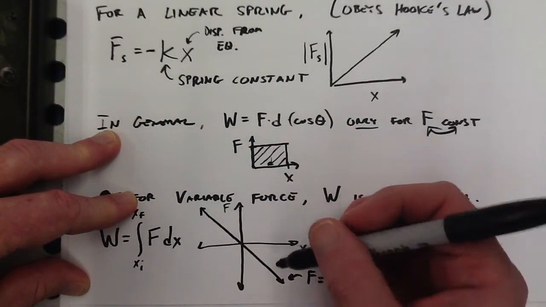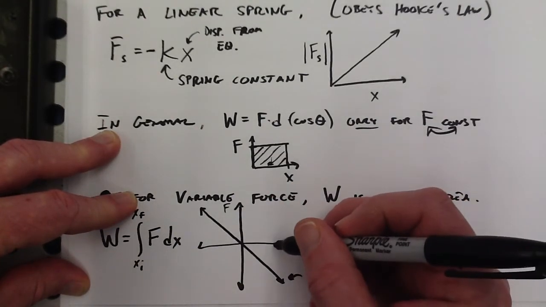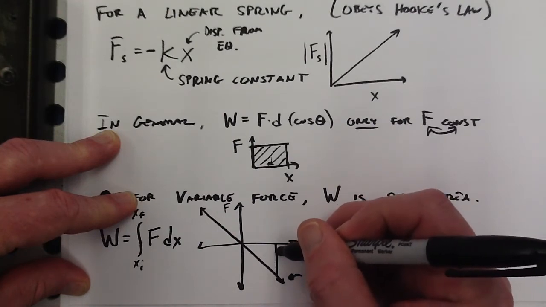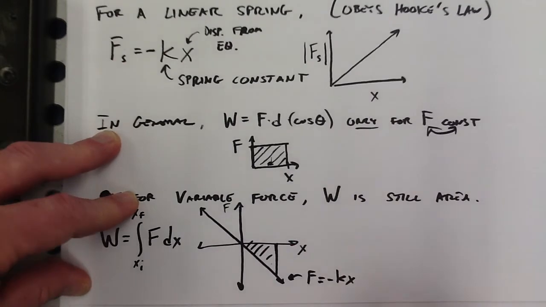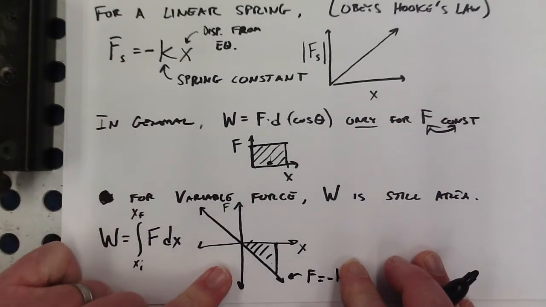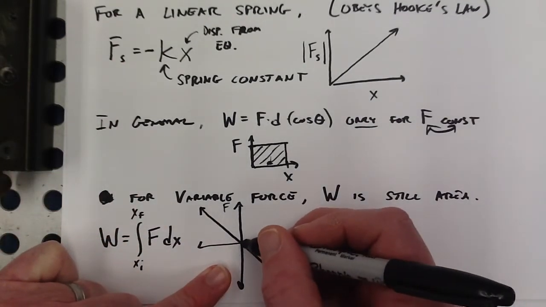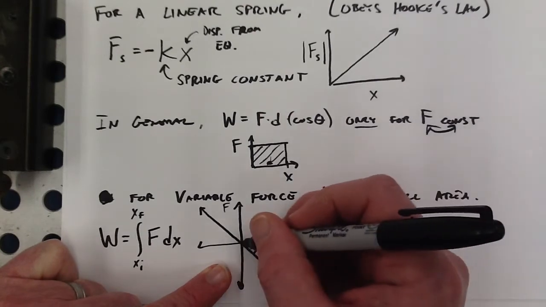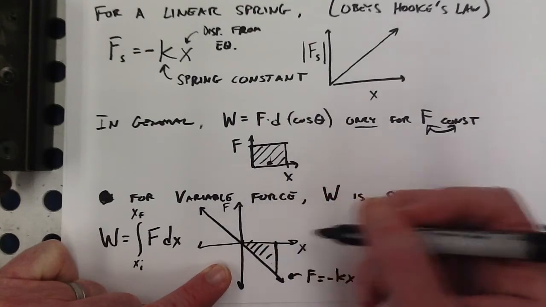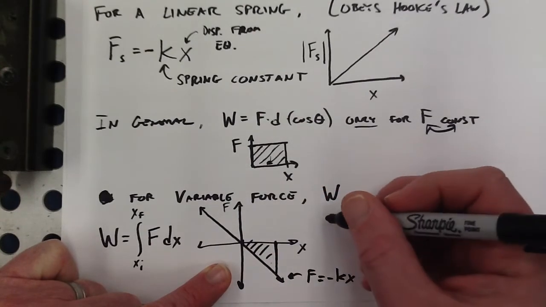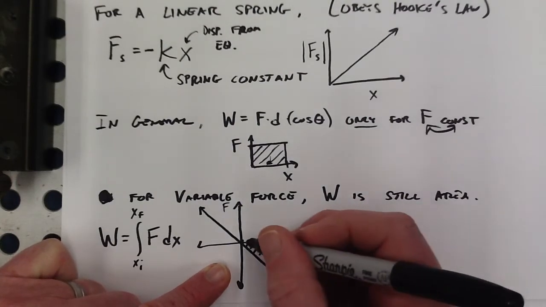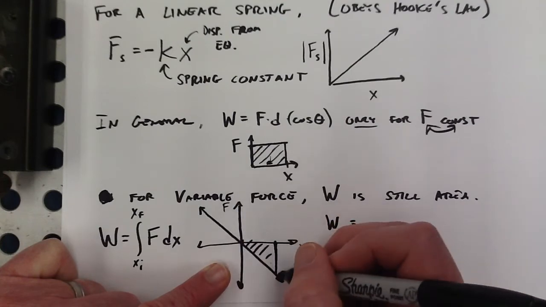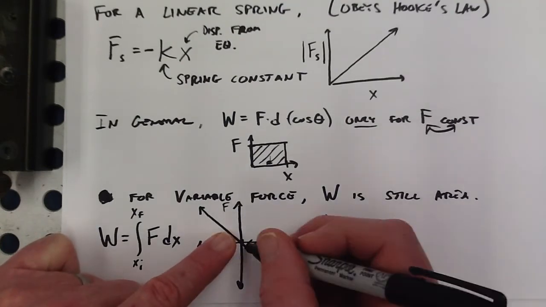And let's say we have some displacement here. So let's say we want to know how much work is done by the spring when it goes from here to here. Well, that would be the area of this triangle.